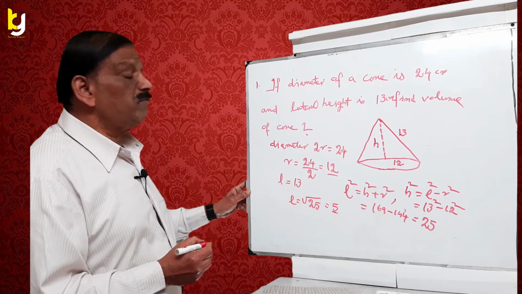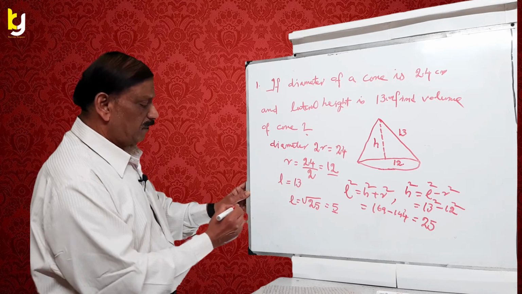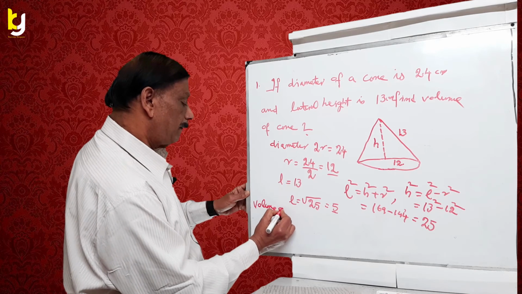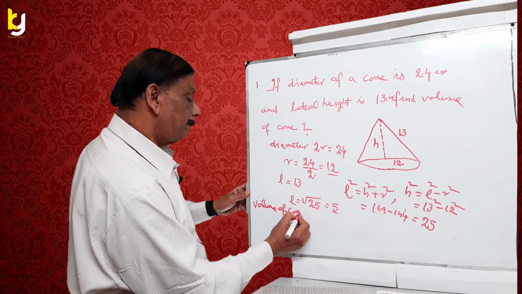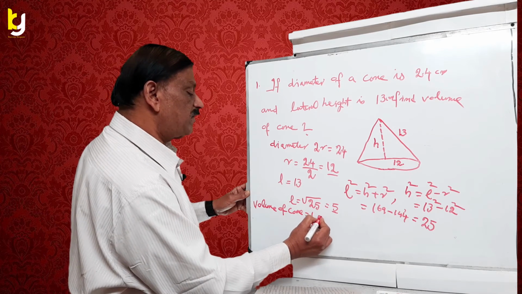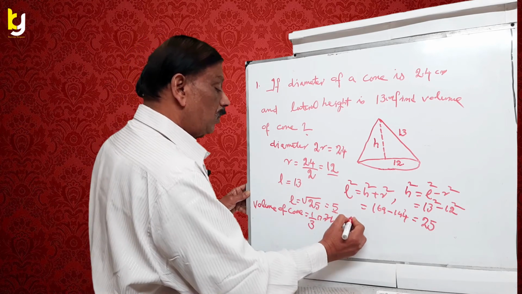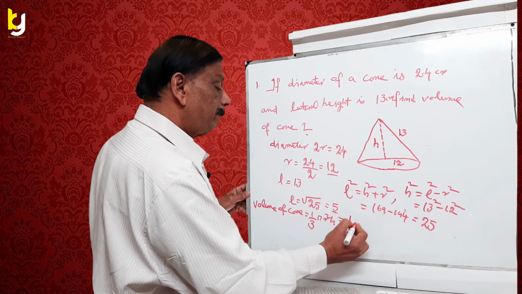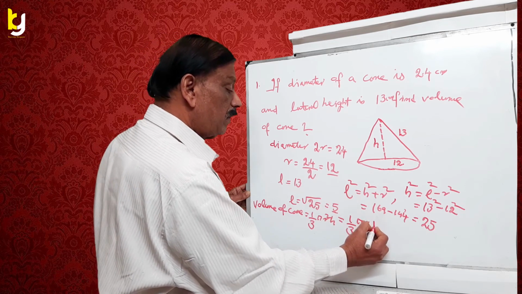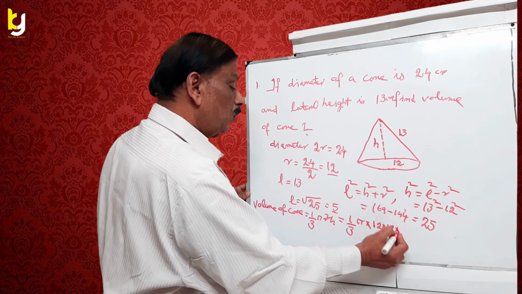Then volume is given by the formula 1 by 3 pi r square h. Volume of cone equal 1 by 3 pi r square h equal to 1 by 3 pi into radius is 12, 12 into 12, into height.